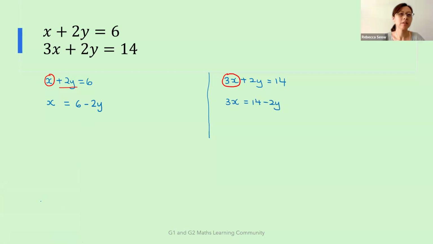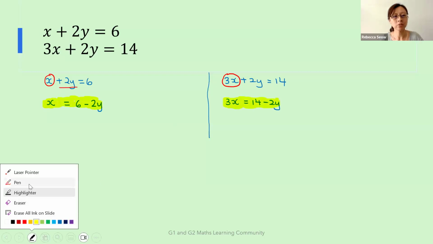Following this, now let's take a look at the two equations. The one on the left tells you x equals 6 minus 2y. The one on the right tells you 3x equals 14 minus 2y.